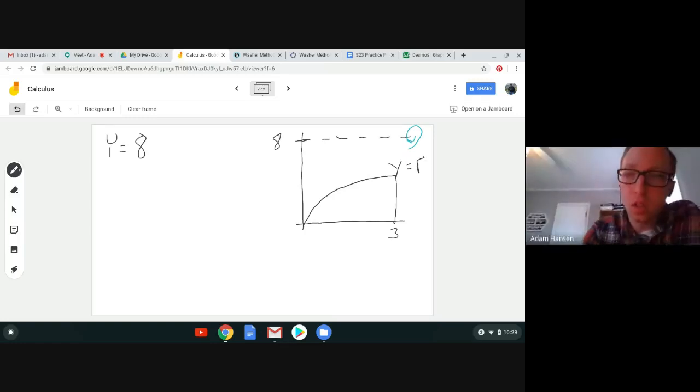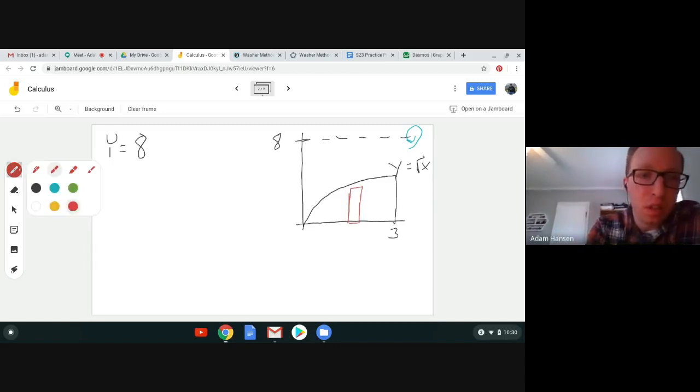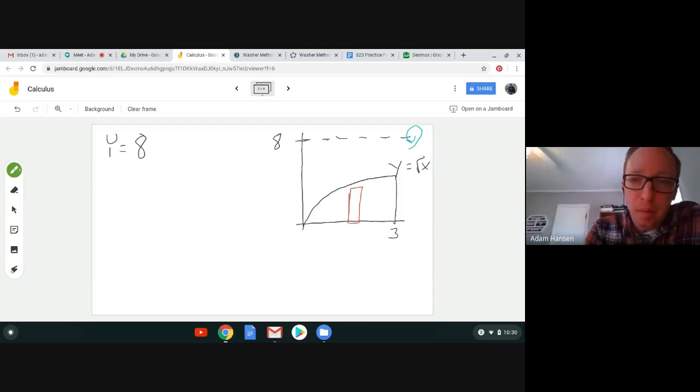Washer indeed. We have 2 radii. Here's our representative disk from top to bottom. Large radius is 8. Now, what would this gap radius be?